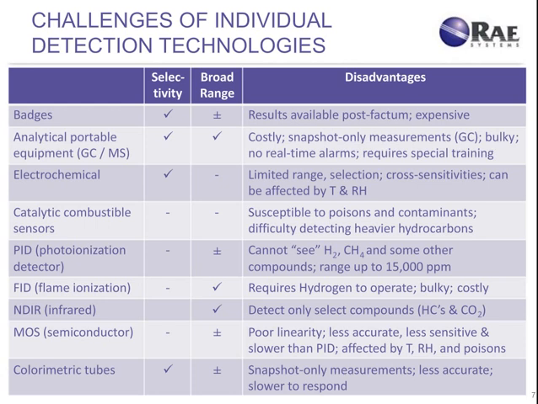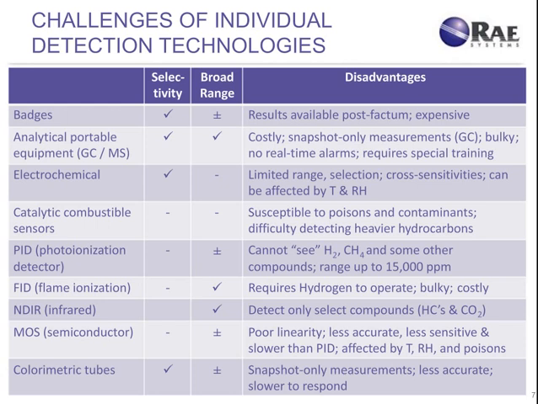Photoionization detectors can go from parts per billion up to about 15,000 parts per million. But there are some compounds that are not ionizable, and therefore a photoionization detector cannot see compounds like hydrogen, for example, or methane.